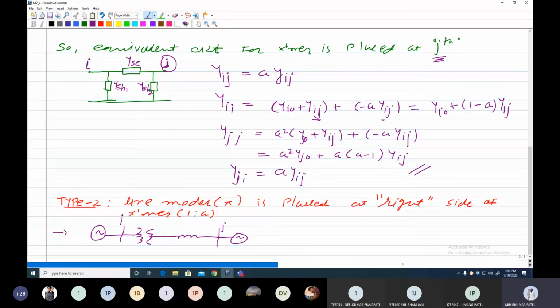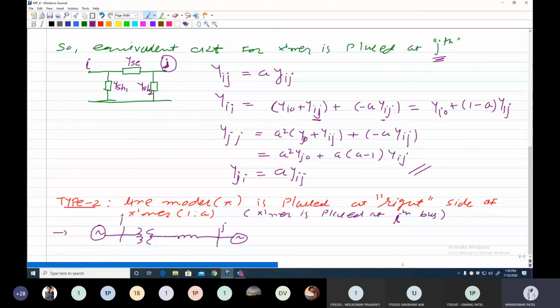Clear? So, it is the case where the transformer is placed at the ith bus. Clear?